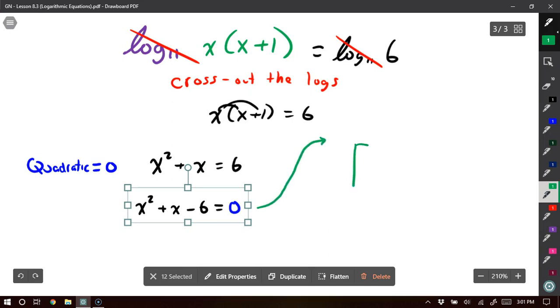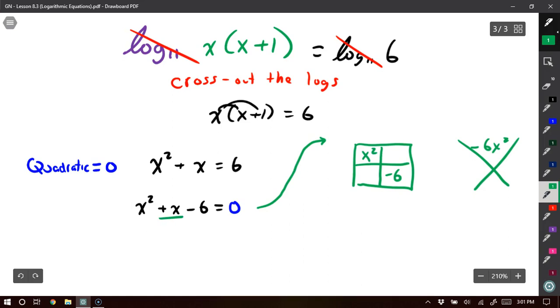Let's see, I am looking for numbers that multiply to give me negative 6x squared, and they add to give me a 1x. And so that'd be a 3x and a negative 2x.